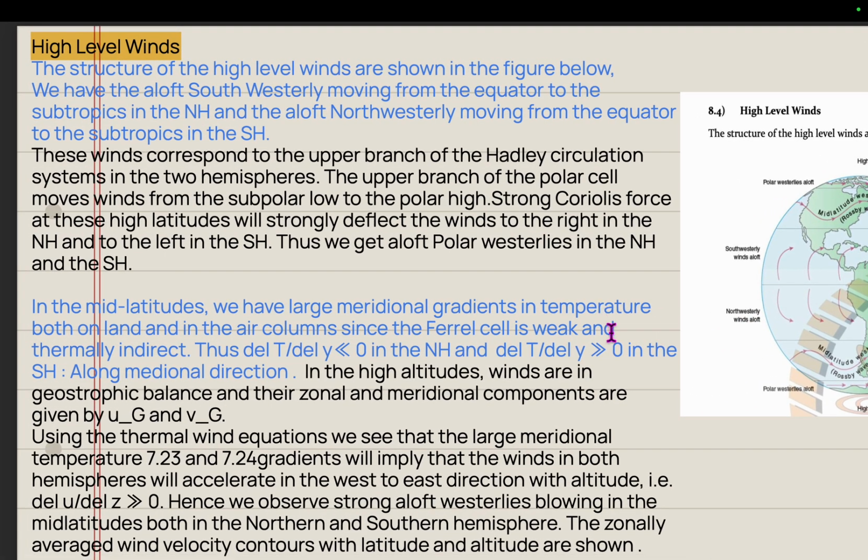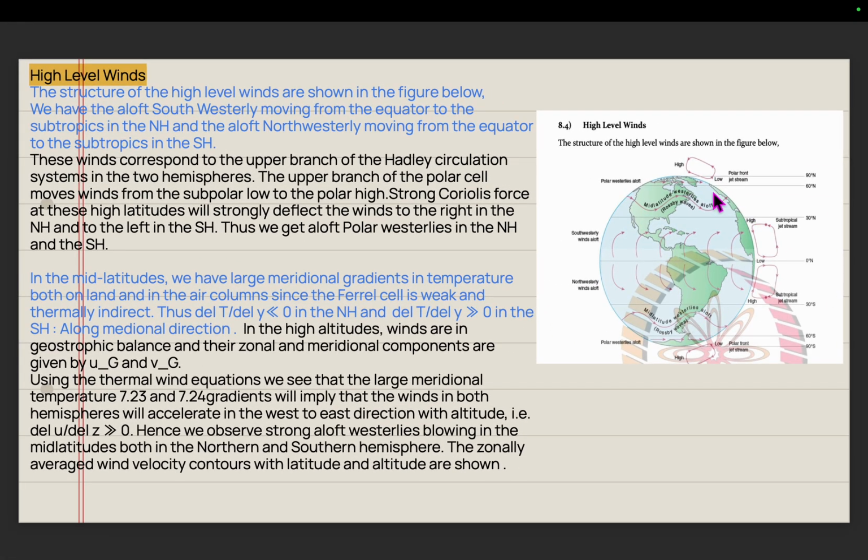They also exist in the upper branch of the polar cell. You get these two types of wind also. From the subpolar low to the polar high, this wind moves in the upper branch of the polar cell. But here the strong Coriolis force is acting.